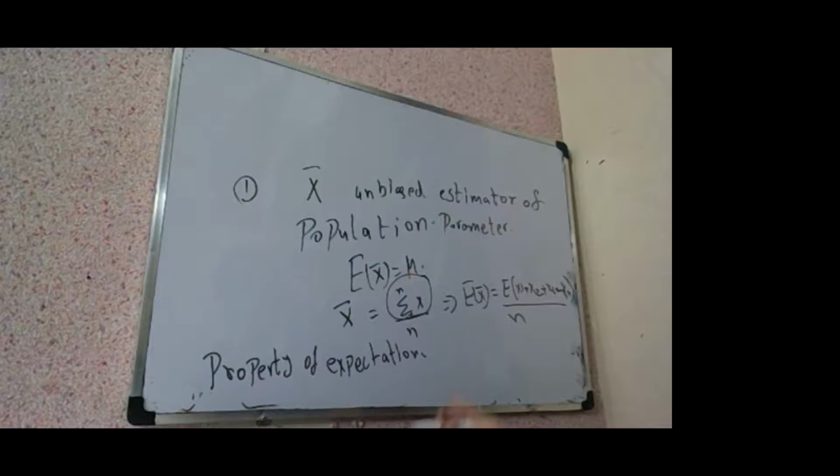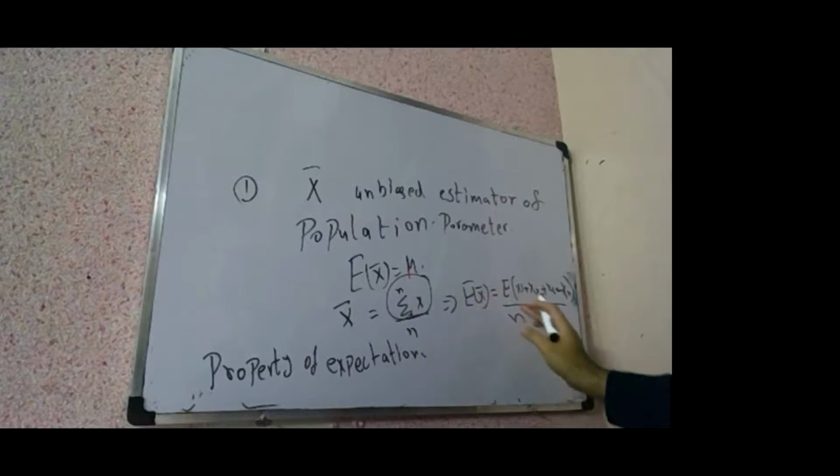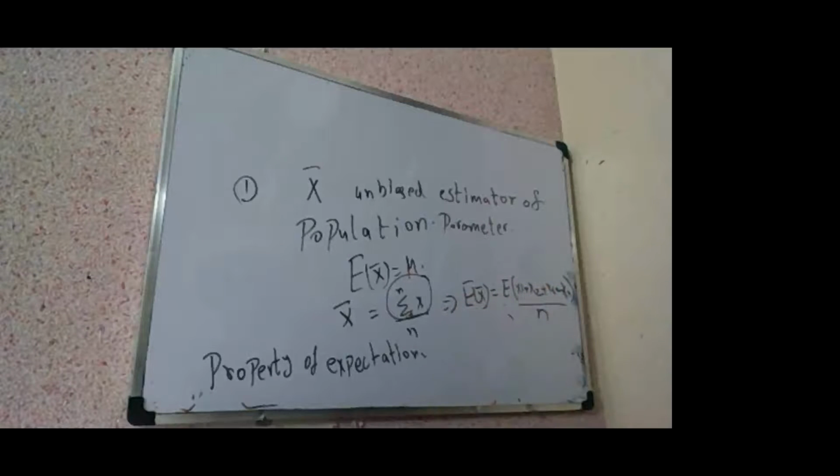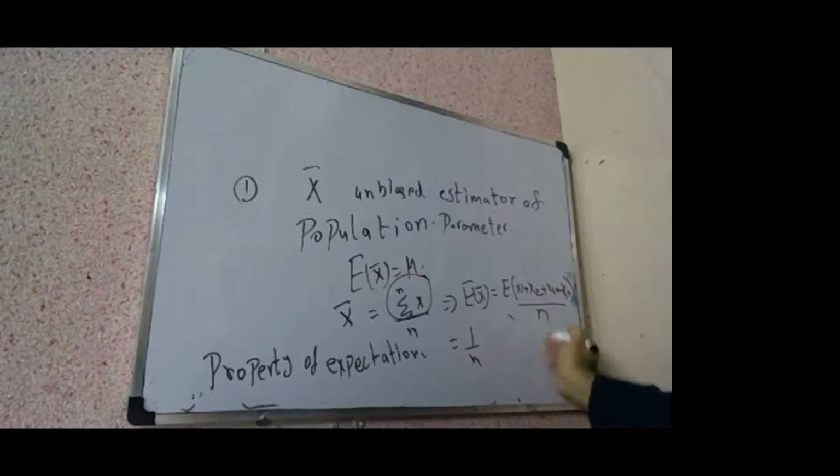When we put the expectation here, we just take the constant outside. So for this n, we take the constant outside, and it will lead us to 1 upon n outside, and then the expectation of x1 plus x2 plus so on to xn. Is that right?